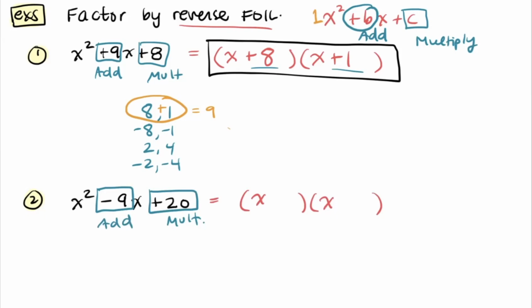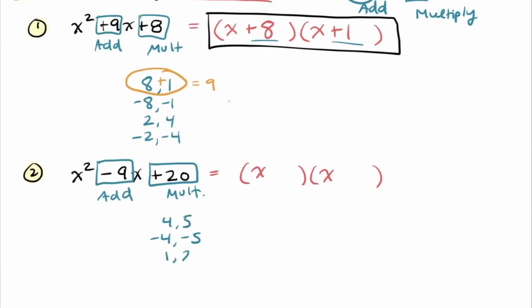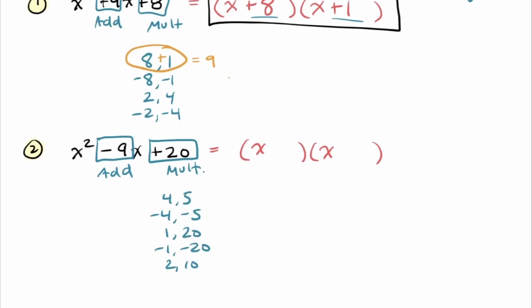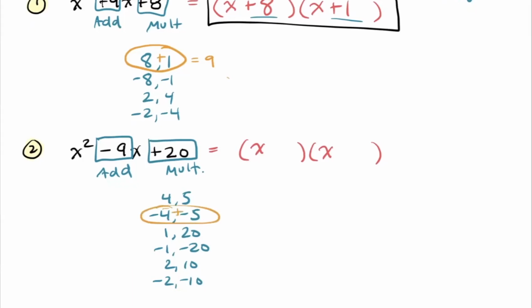So 20 multiplies 4 and 5, -4 and -5. We've got 1 and 20, -1 and -20, 2 and 10, -2 and -10. And I think that's it. But the only pair here that adds to -9 is -4 and -5. So we just do -4, -5, and this is our factorization.